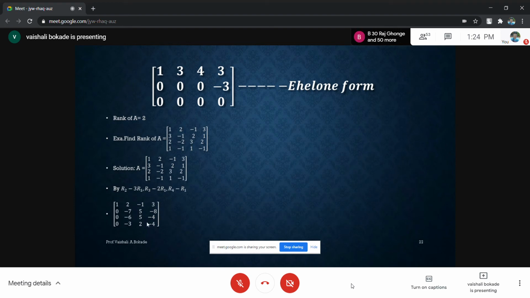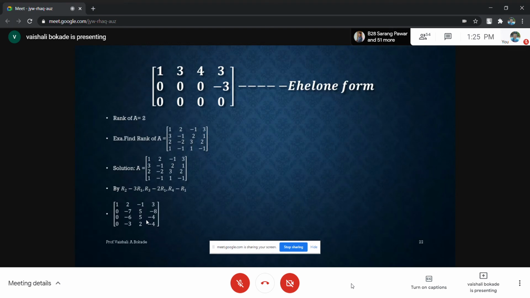What I want to explain to you is that you have to get the element at one place, and the other entries in the column I'm making 0 by using R1. Those row transformations I wrote here. Now I am approaching it in this manner: in the first column one element is 1, other entries are 0.